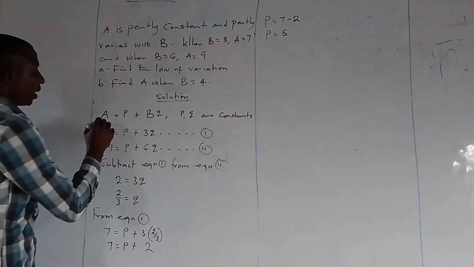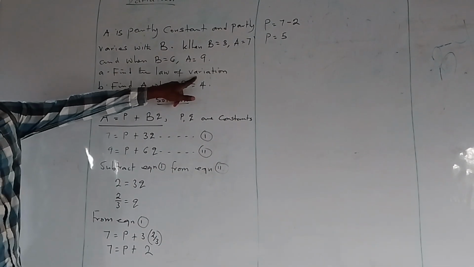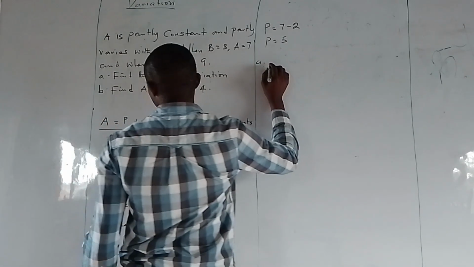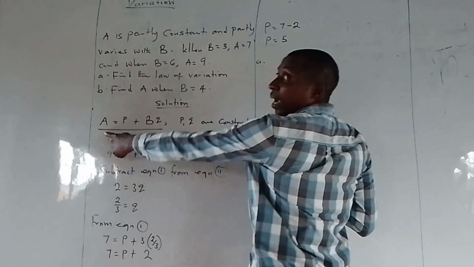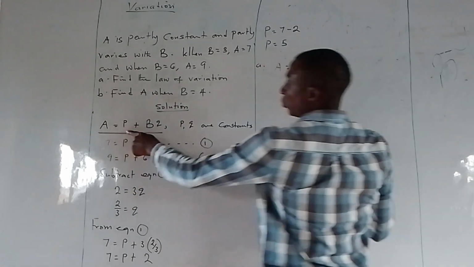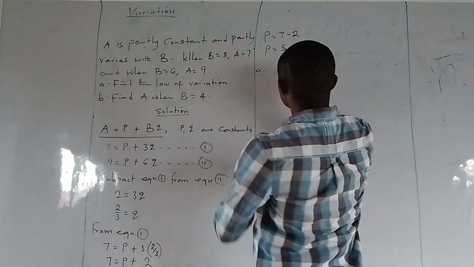So we come back here to get the law of variation. I'm writing this one out here now. So A equals P. What is P? P is 5.